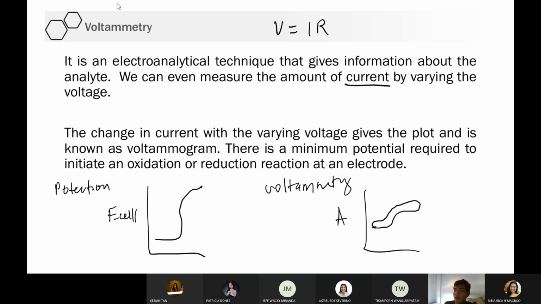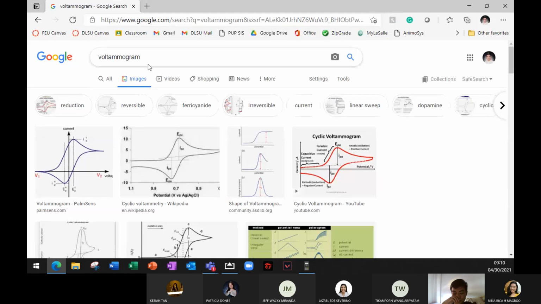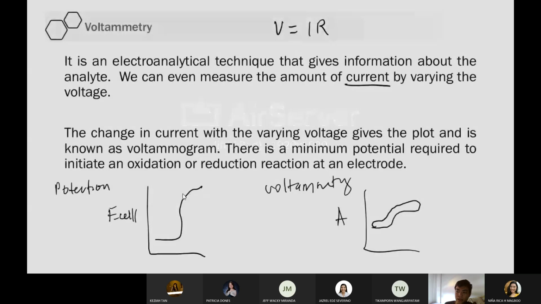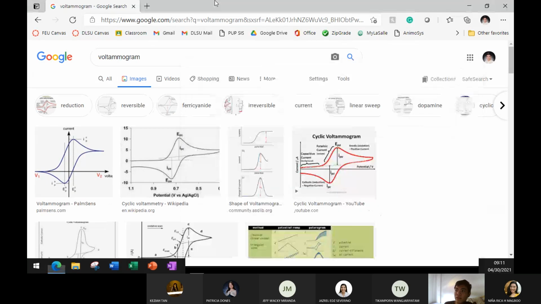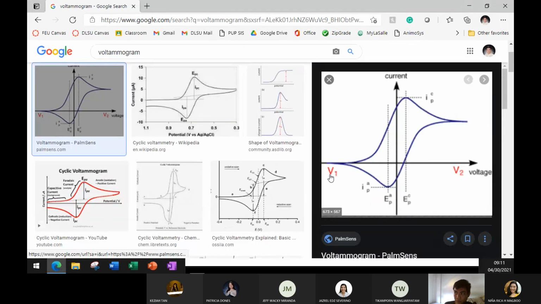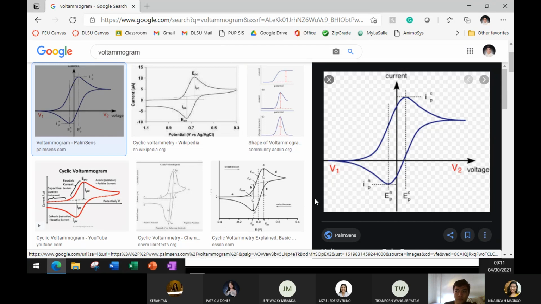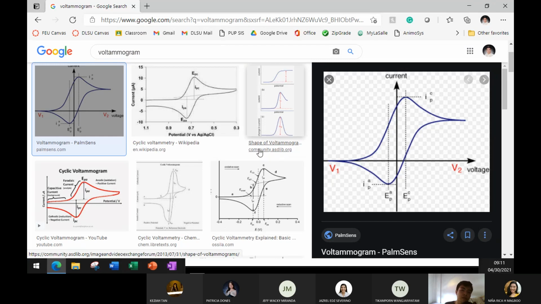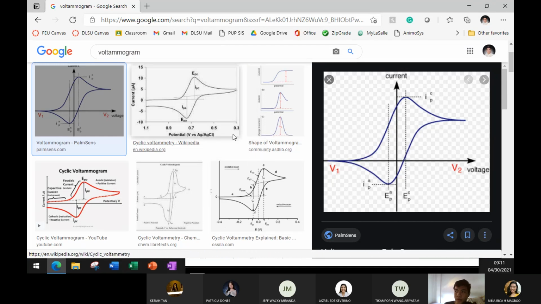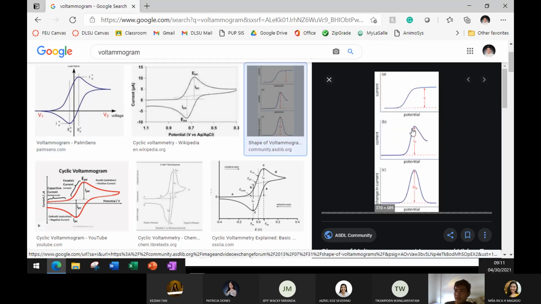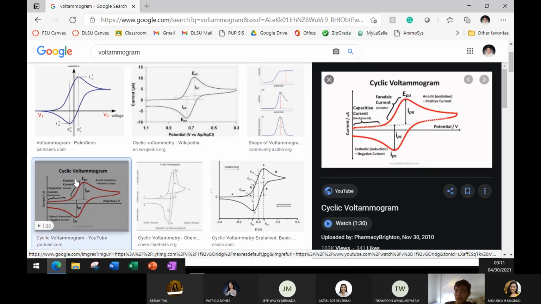Okay, so again, for potentiometry, the graph looks like an acid-base titration. But for voltammetry, this is how the graph will look like. Okay, so it is very different from the ones we just discussed earlier. Sometimes it looks like this, sometimes it looks like this.